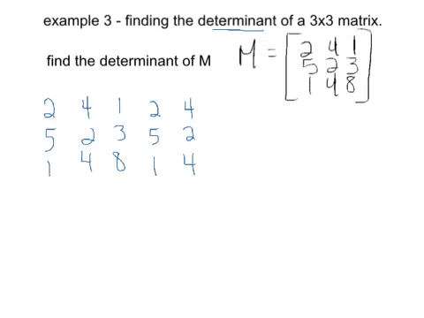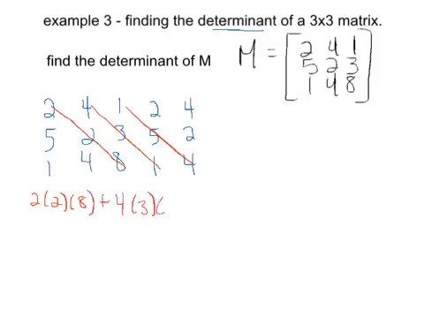I'm going to use some red, and I'm going to cross here, there, and there. So 2 times 2 times 8, plus 4 times 3 times 1, plus 1 times 5 times 4.